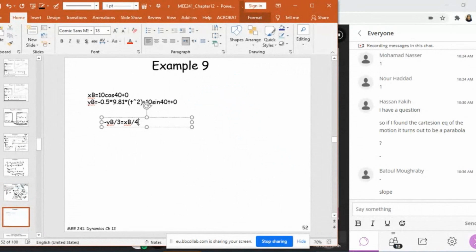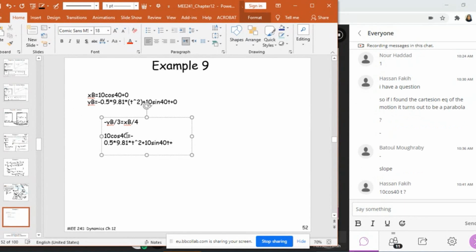So guys, from this ratio, I can equate these two equations, all right? And this means that 10 cosine 40 t will be equal to minus 0.5 times 9.81 times t squared plus 10 sine 40 t.